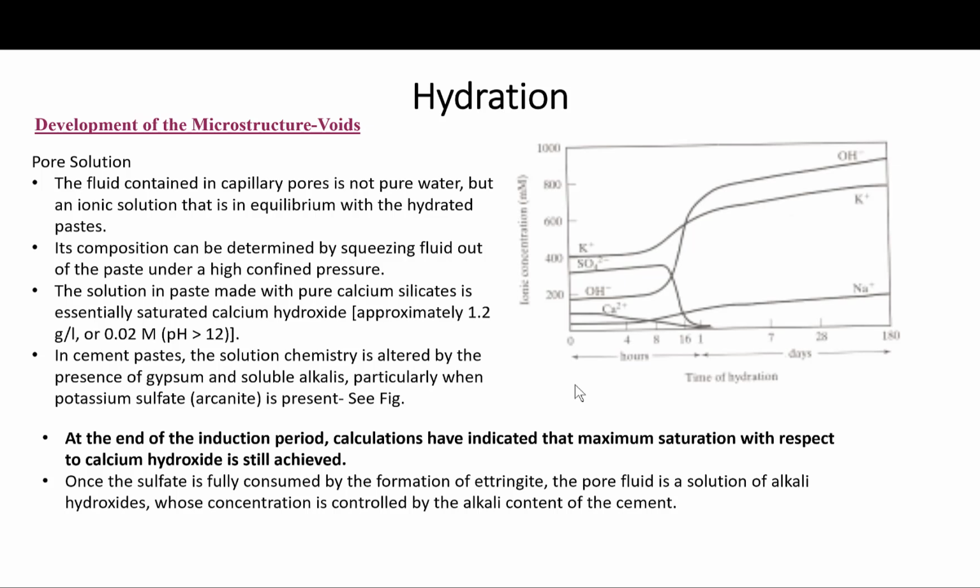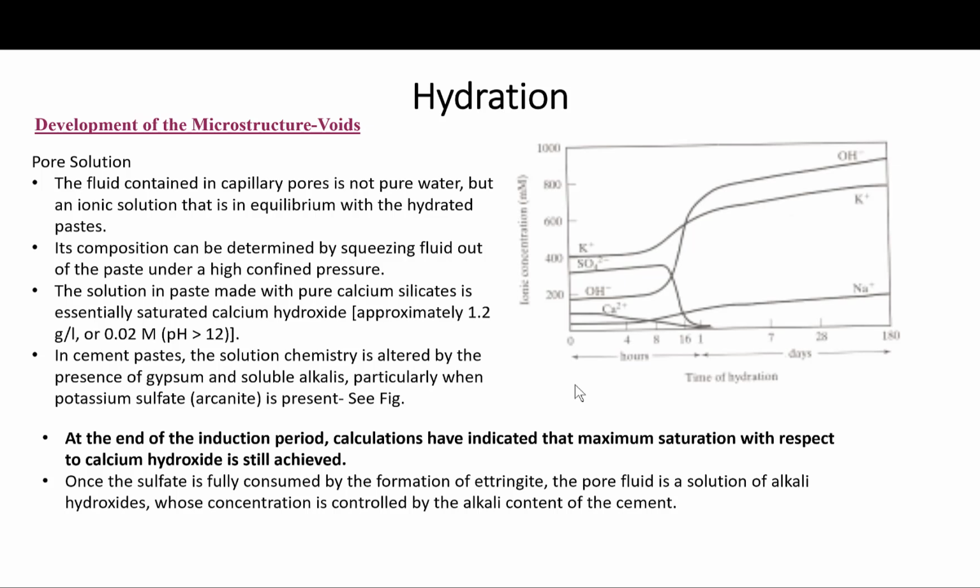The solution in the paste made with, for example, pure calcium silicates is essentially saturated calcium hydroxide, approximately 1.2 grams per liter or 0.02 molar, with pH higher than 12. In cement paste, the solution chemistry is altered by the presence of gypsum and the soluble alkalis.